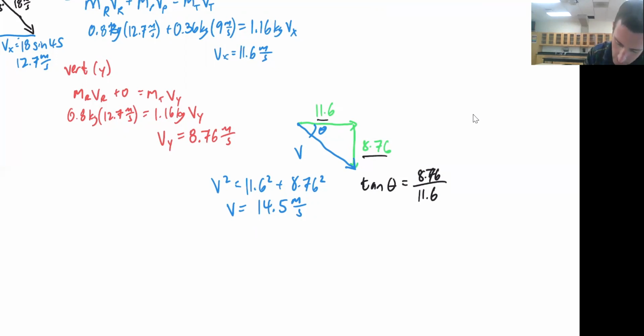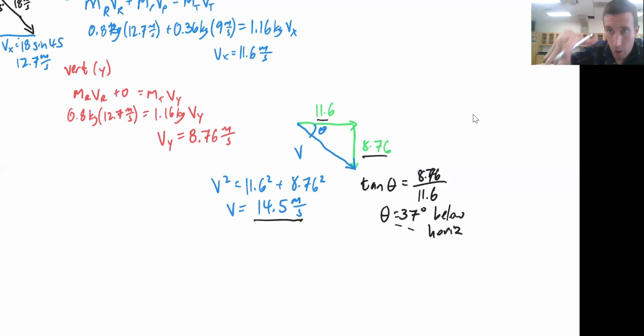So that angle, theta, is equal to 37 degrees, and that is below horizontal, right? Because I have a greater horizontal component, so that would be below horizontal. So the Falcon plus the pigeon, after the pigeon is grabbed, will be moving at 14.5 meters per second, 37 degrees below the horizontal.